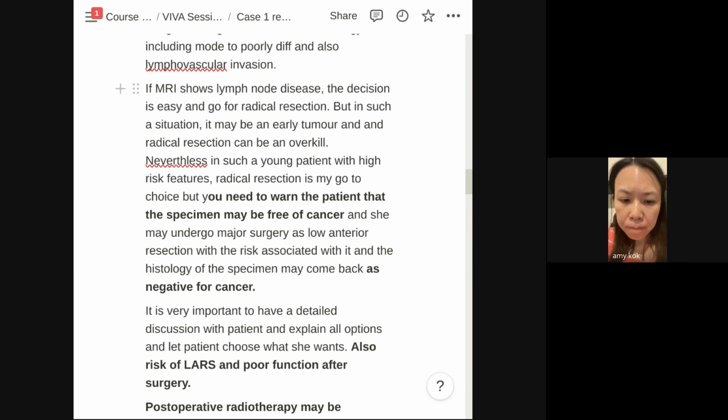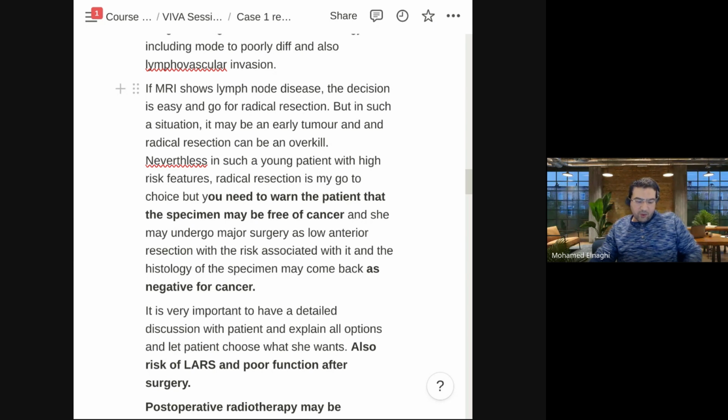But remember, it's very important as well to know, because with organ preservation, there have been lots of trials now on rectal preservation in early rectal cancer. And there have been a couple of American trials. I think they reported a few years ago that there is significant morbidity from radiotherapy and organ preservation.